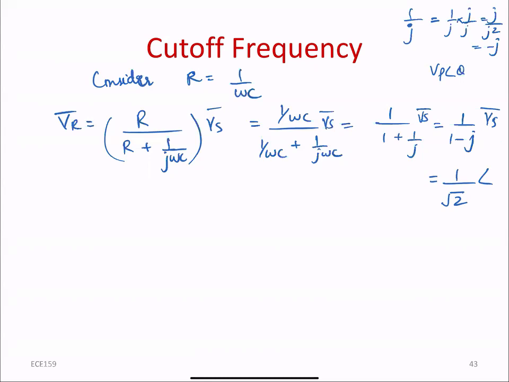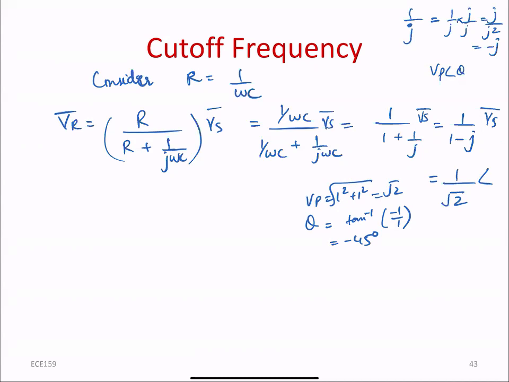Theta for this one is equal to tan inverse y over x, and y is minus 1 over 1. So tan inverse of negative 1 is equal to minus 45 degrees.